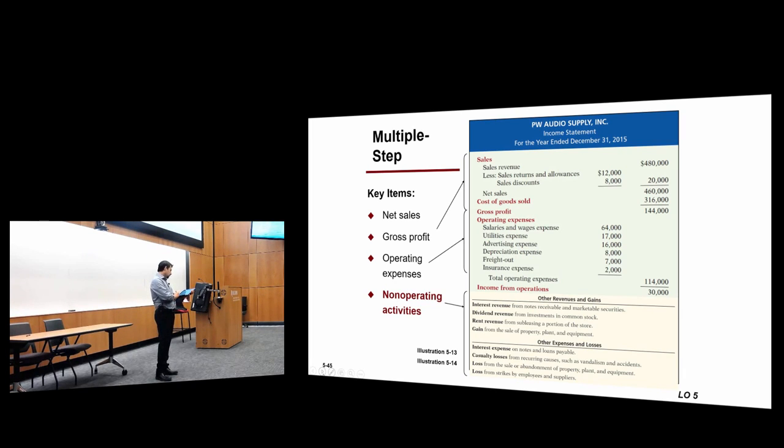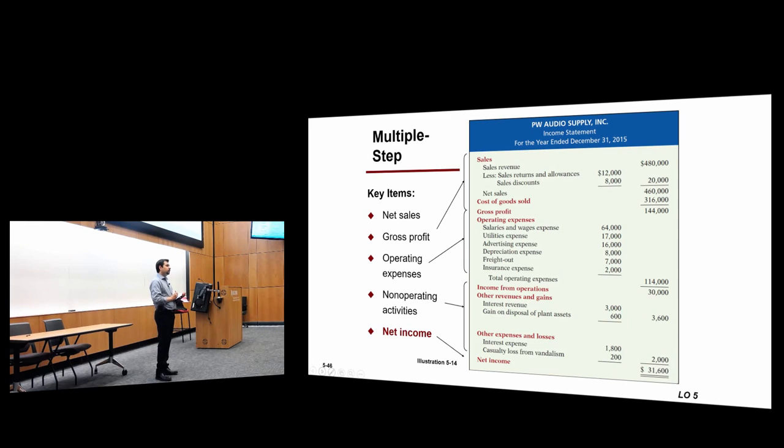Okay? So once you have this information, now we have income from operations. You add other revenues and gains, and you subtract other expenses and losses. That will give you the actual net income of the company.